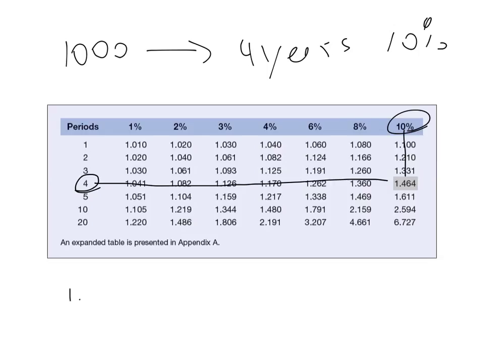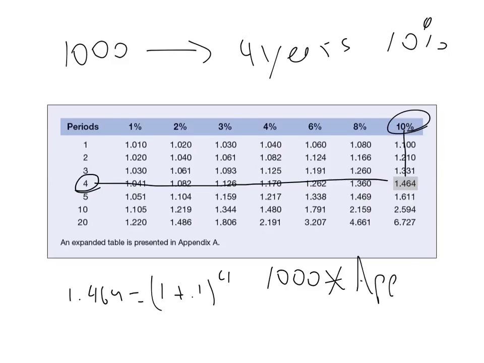That number, 1.464, is actually 1 plus the interest rate to the 4th power. But we don't have to use the calculator. We don't have to use the exponential function. All we have to do is take the $1,000 and multiply by this interest factor that we find in Appendix A, which turns out to be 1.464.